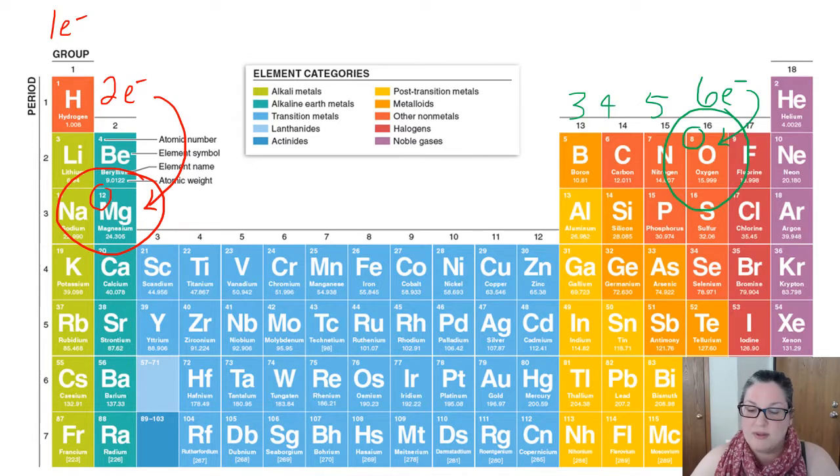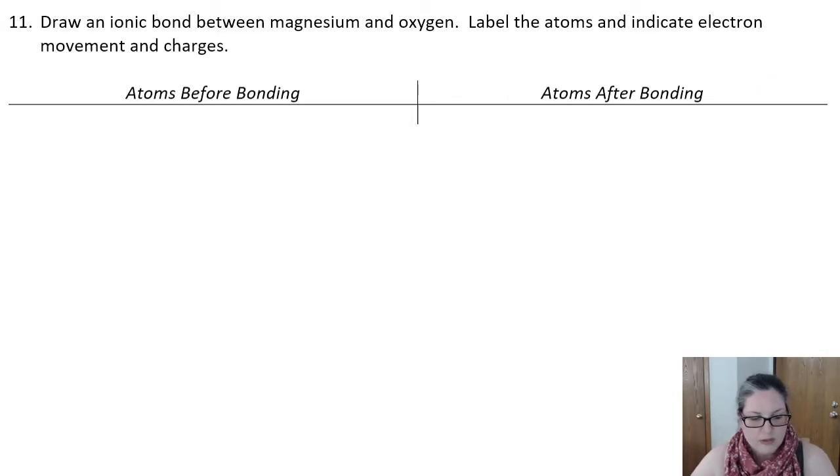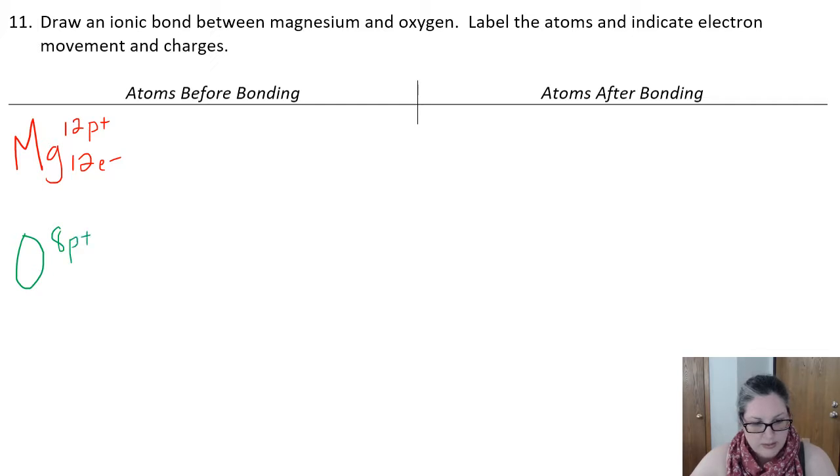Let's see what we can do with that information. So with that information in mind, magnesium, we said, has 12 protons and 12 electrons, and oxygen has 8 protons and 8 electrons. So let's draw what those look like.